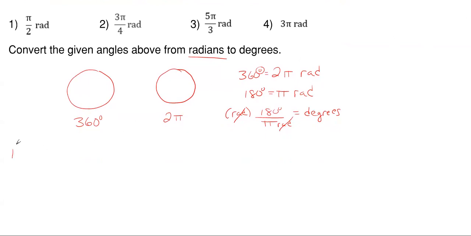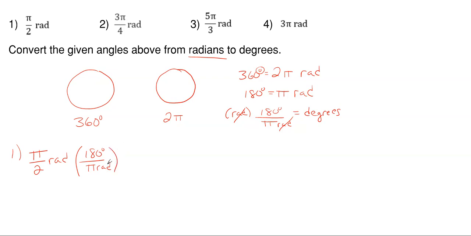So starting with number 1, we have pi over 2 radians. We want that converted into degrees as a measurement. So what we're going to have to do is multiply by 180 degrees over pi radians, which I'm going to stop writing the radians here eventually, but just for right now, to show you how the units cancel.